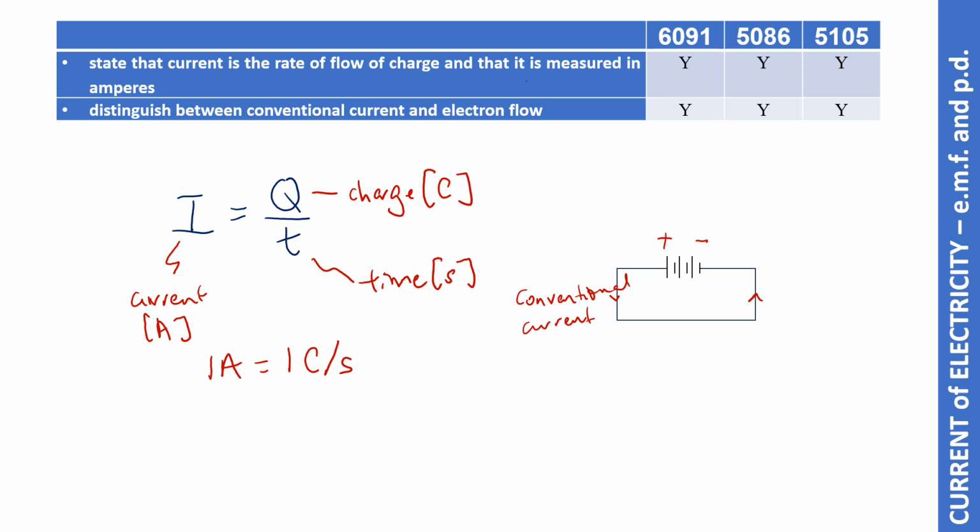That is why we have the electron flow direction, which is from negative to positive. But usually we will use the conventional current direction. Just bear in mind that electrons actually flow in the opposite direction, from negative to positive.